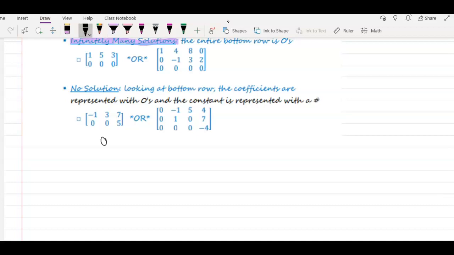That says 0x plus 0y equals 5. Is that true? No. That is not true. That is false. Up here, we can have 0 equals 0. That's okay. That's true. Infinite solutions. But when we get no, that's false. No solution.